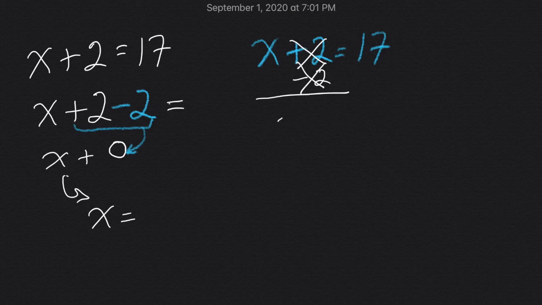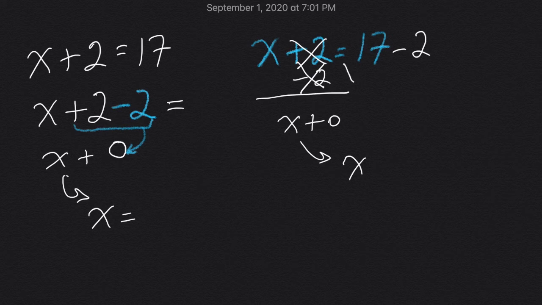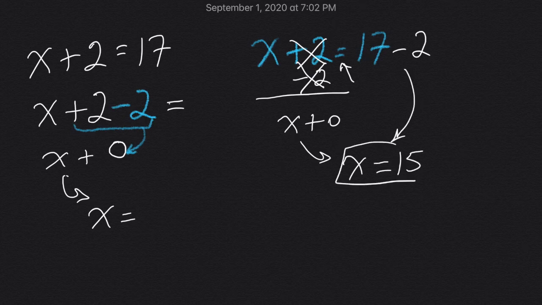That manifested in these canceling out. We had x plus 0, which simplified to x. We must do the same exact thing to the opposite side to keep the integrity of that equal sign intact. Once we do that, this will simplify to 15, and this is your final answer.